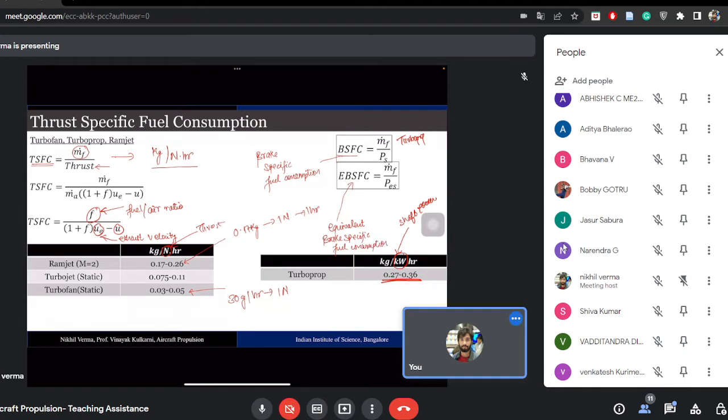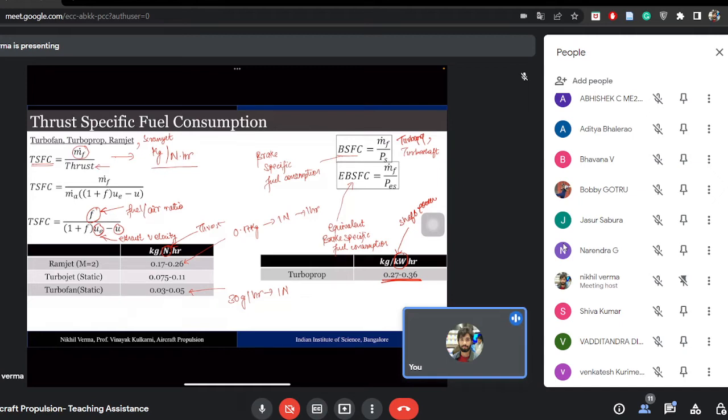Okay. So yeah, these are the parameters which are used in different types of aircraft: turbofan, turbojet, ramjet, and scramjet. This is for turboprop, turboshaft. I think this part is clear.